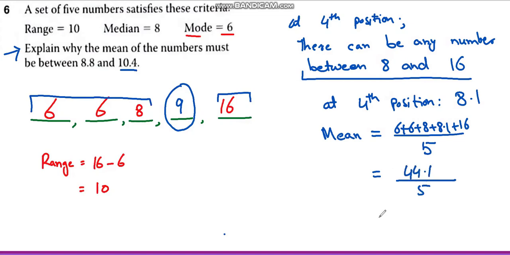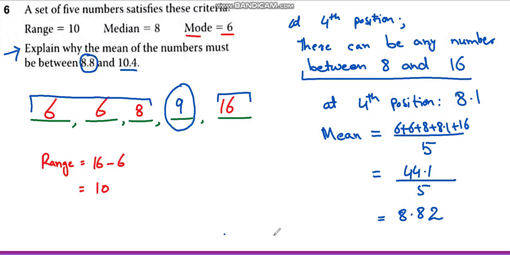Divided by 5, we get 8.82. And this number is slightly bigger than 8.8. It means that the minimum possible number that I chose, which should be greater than 8, gives us the mean 8.82, which is slightly bigger than 8.8.